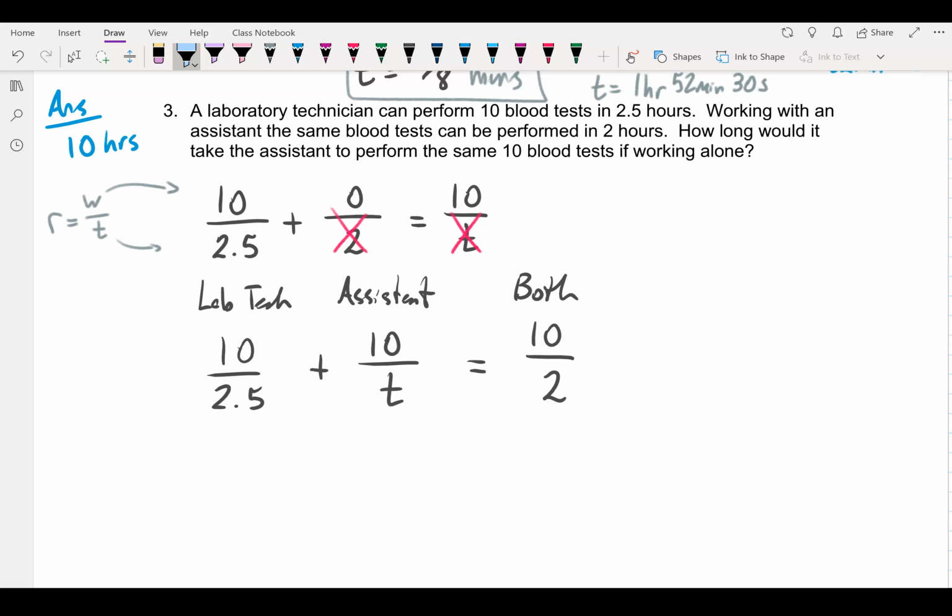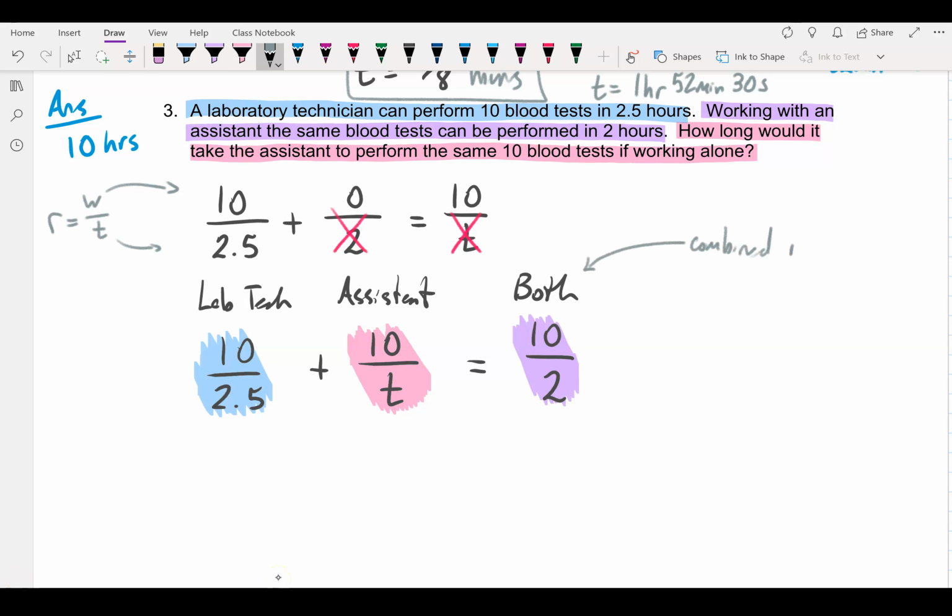And let me just color code this so it can make more sense to you. And there we go. Pause the video, see if you can make sense of why I did what I did. But kind of your cheat sheet idea is that when you combine them, you usually have them on the right side of the equation.